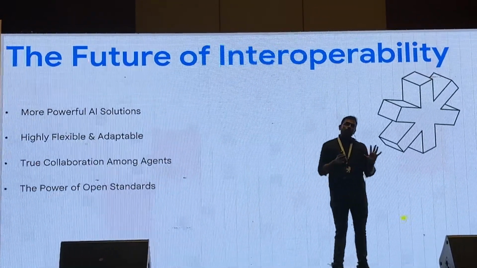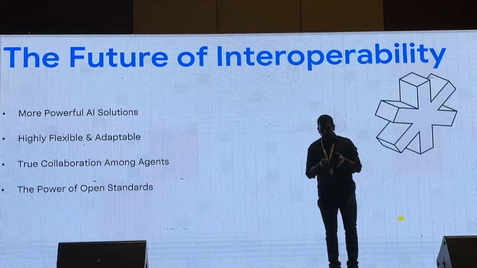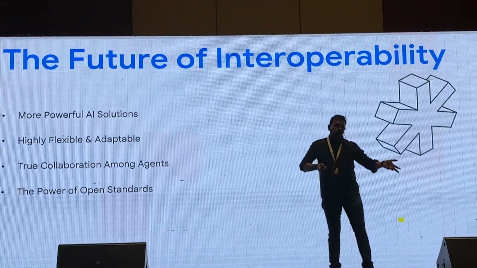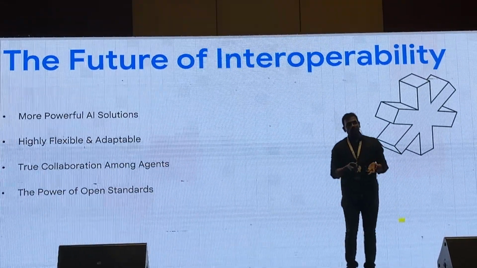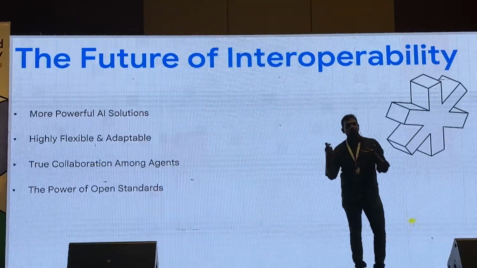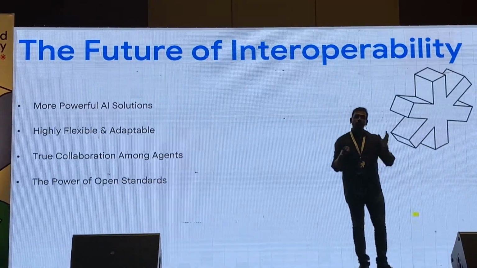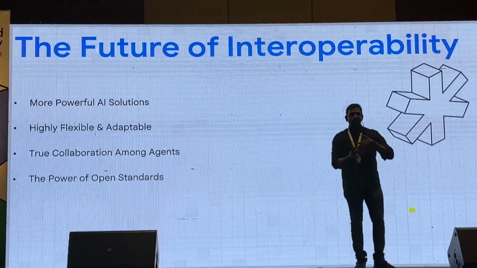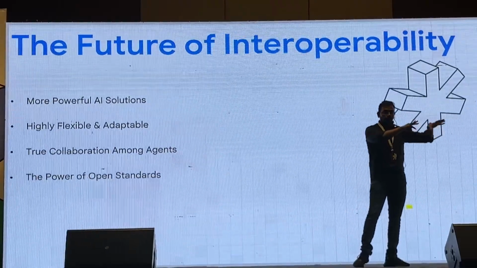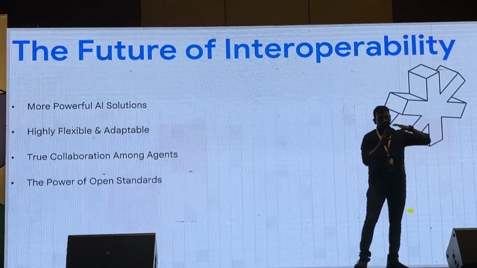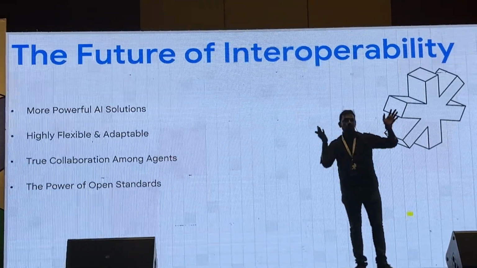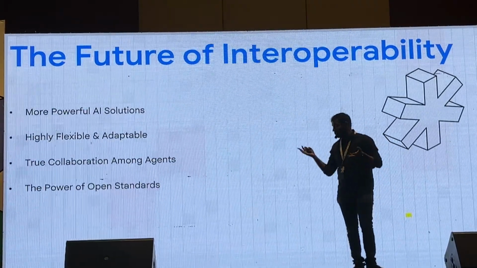And they are flexible and adaptable because you are not tied to one vendor, and it doesn't matter where you deploy your applications. You can mix and match different agents, put them in your ecosystem, and set up your AI ecosystem to work as per your use case.